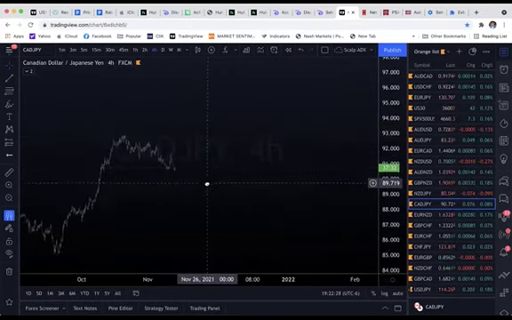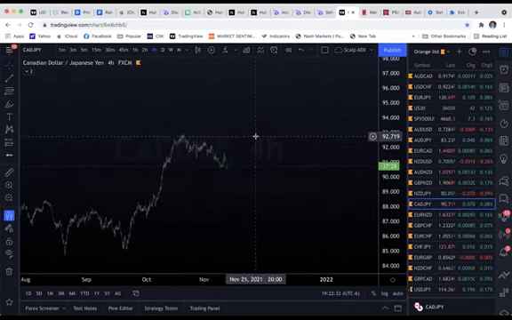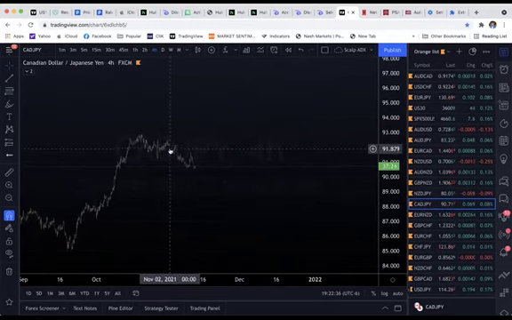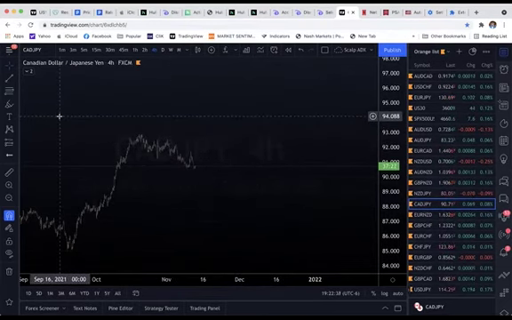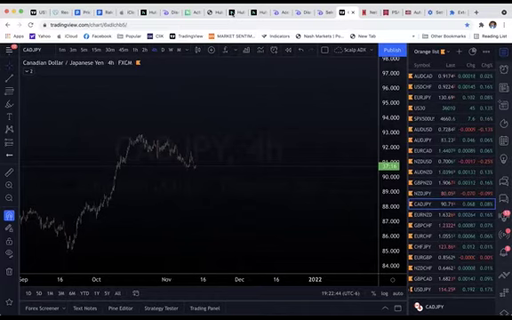All right. So let's not cheat and look on MT4. Let's do our analysis here. So somebody tell me, what are we looking at? Okay. Are we in an uptrend or downtrend? Okay.